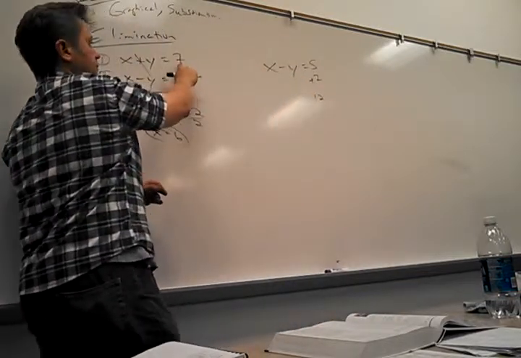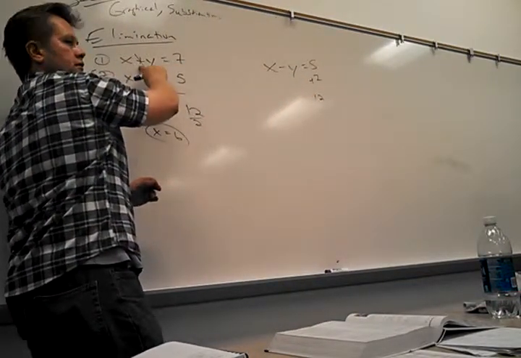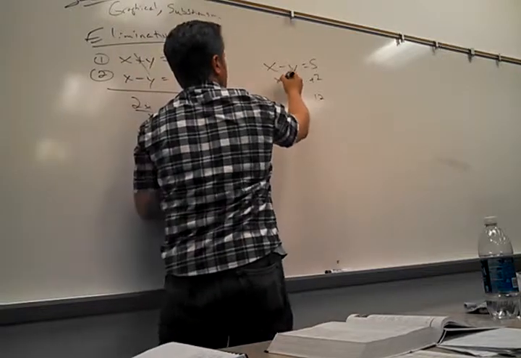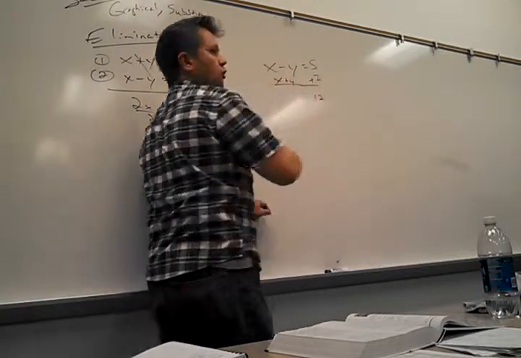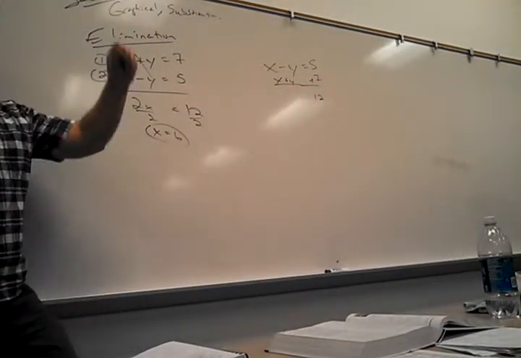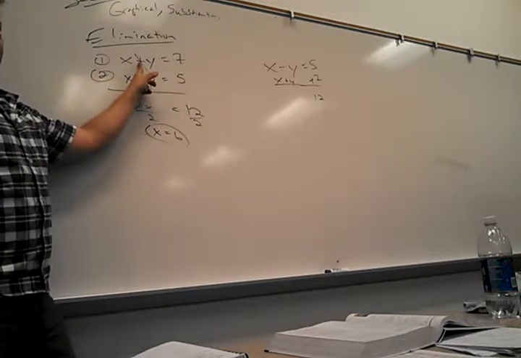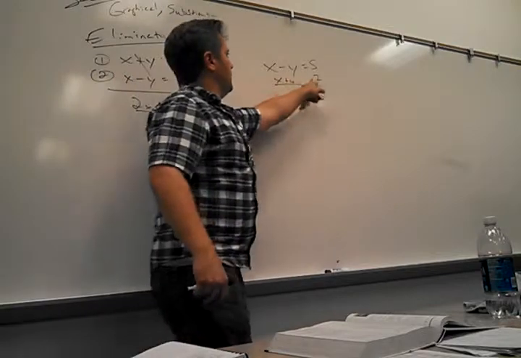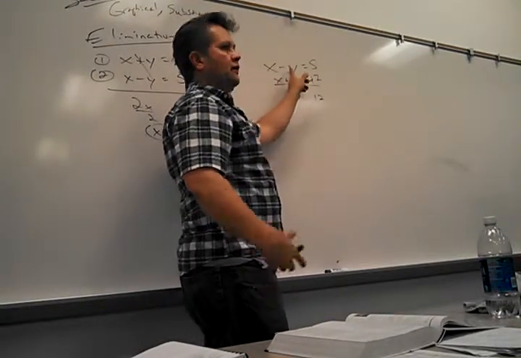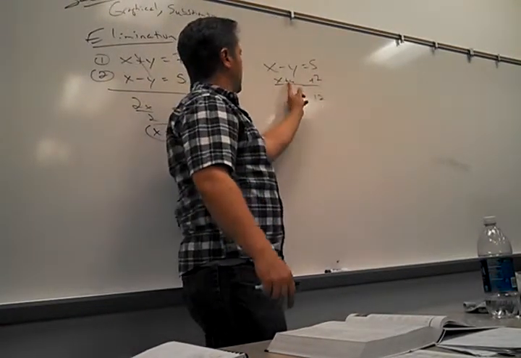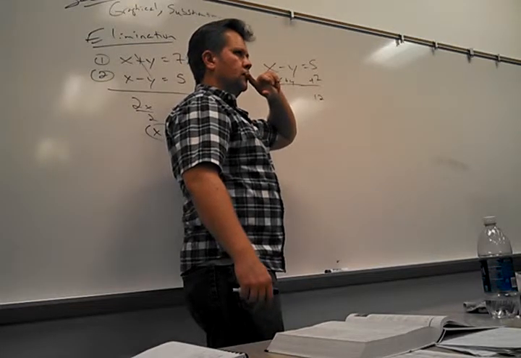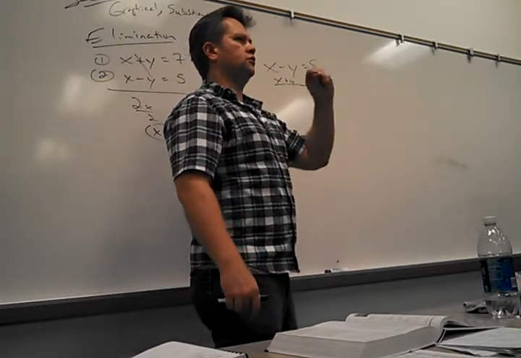But what is 7? 7 is x plus y. So if I add x plus y to that side, I am following the rule of equations, which says whatever you do to one side, you have to do to the other side. That's why I'm allowed to add equations directly.